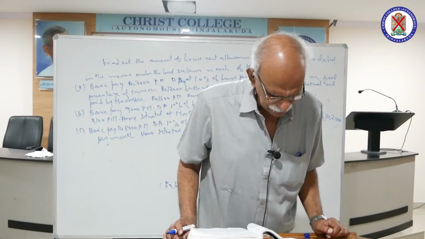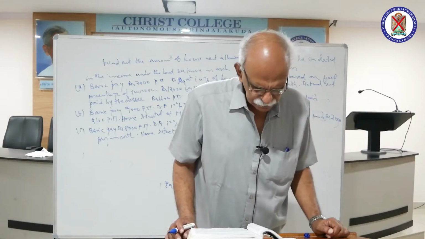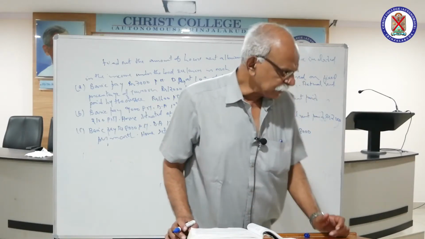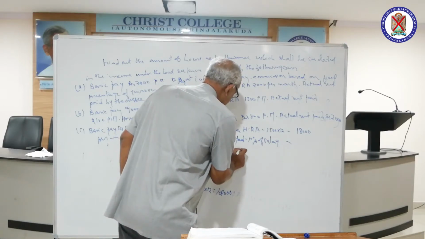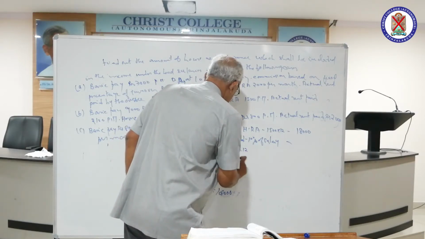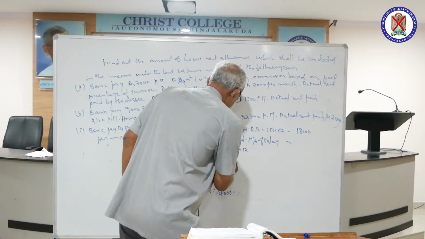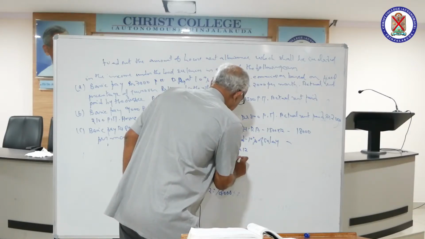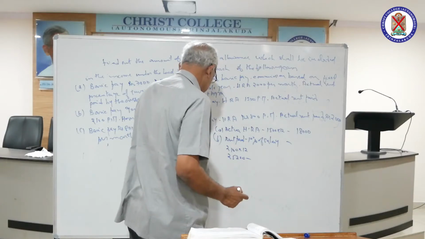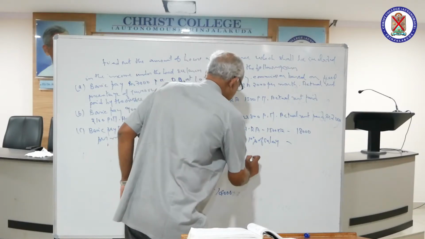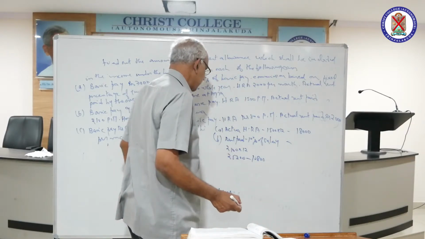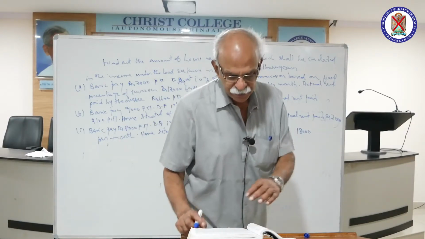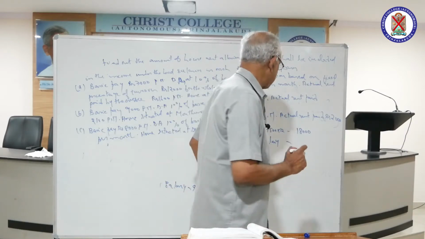For 12 months, 2,100 into 12 is 25,200, minus 10% of salary, which is 10,800. So the difference is 14,400.